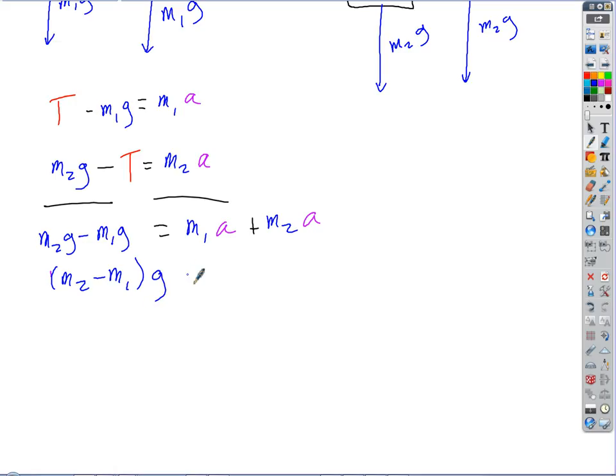And on this side, M1A plus M2A, isn't that the same thing as M1 plus M2 times A? We're trying to solve for A, aren't we? Okay. So we could divide each side through by that factor. Agreed?